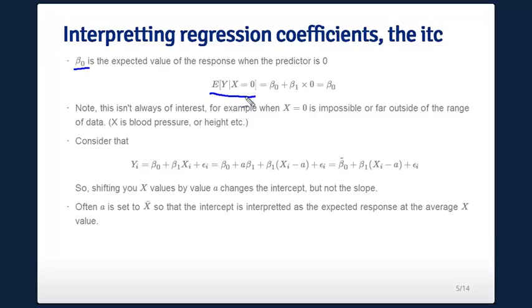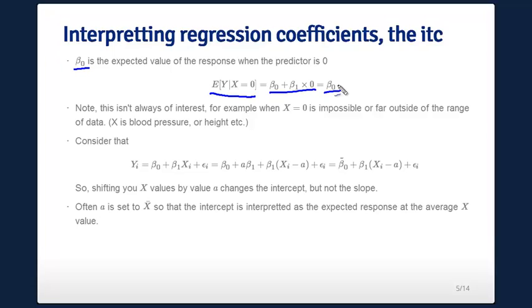So I would write that like this: the expected y given x equals 0. And of course our expected y given any value of x is beta naught plus beta 1x. So if we plug in x equals 0, we get beta naught. So the interpretation of beta naught is the expected response when the regressor is 0.